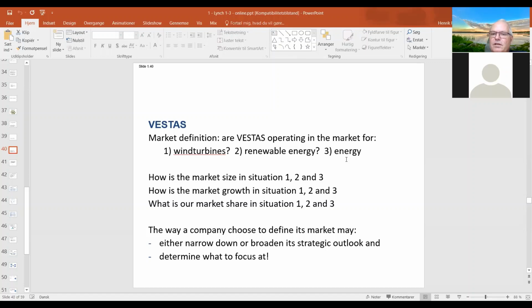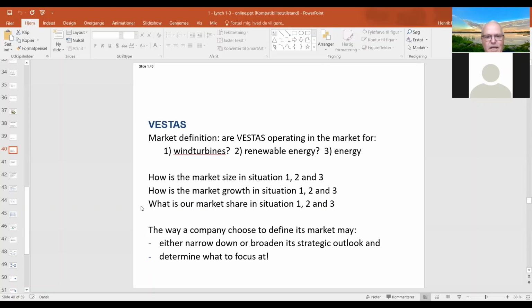Then our market share is quite small. So this market definition has a huge impact on how we calculate the market and the size of the market. It also has a great impact on how we look at the market and the growth in this particular market, and especially our market share.